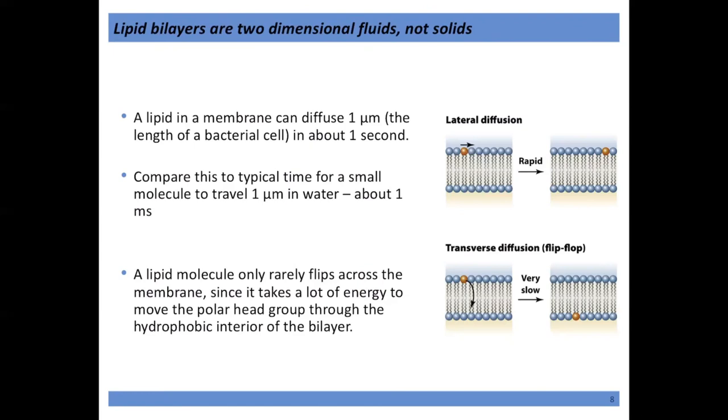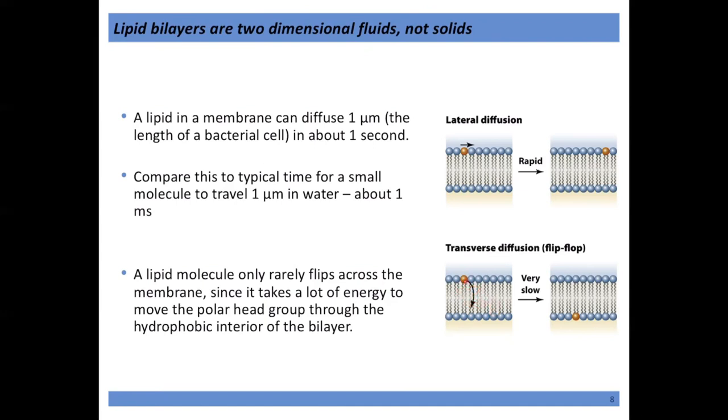Now, if I wanted to go across, what's referred to as transverse diffusion, or a flip-flop, that is rare and tends to be very slow. The reason for that is if I did it, that polar head group would have to be buried within the interior of the hydrophobic portion.